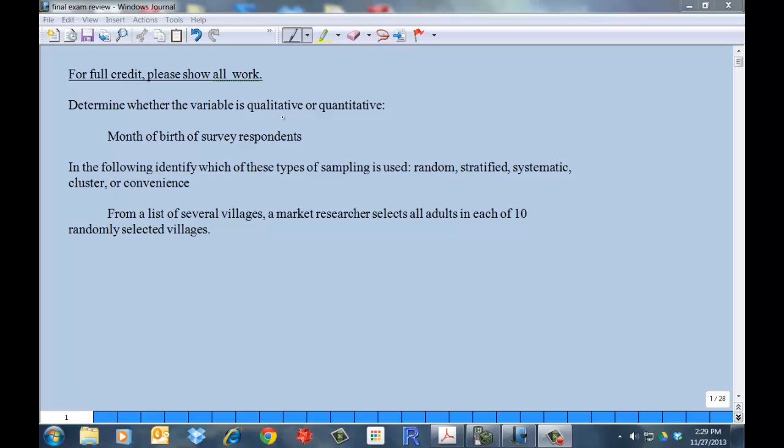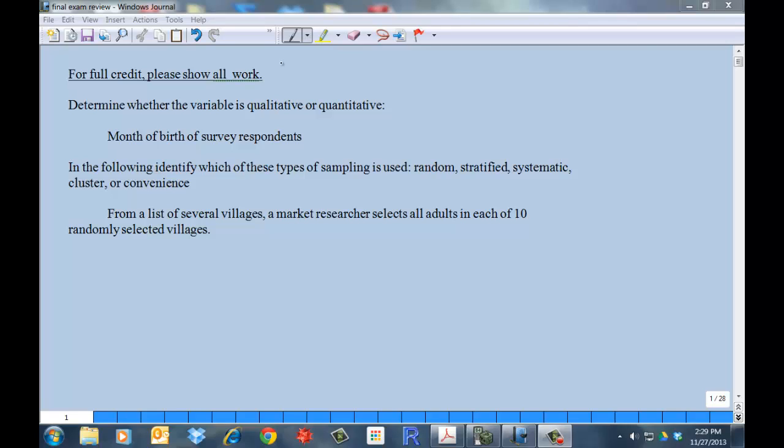The first question is asking us to determine if the variable is qualitative or quantitative. And so remember, quantitative types of variables are variables that you can do numerical calculations with and the results make sense.